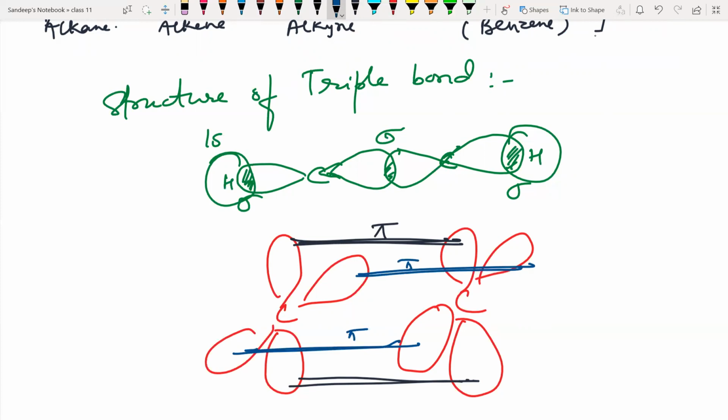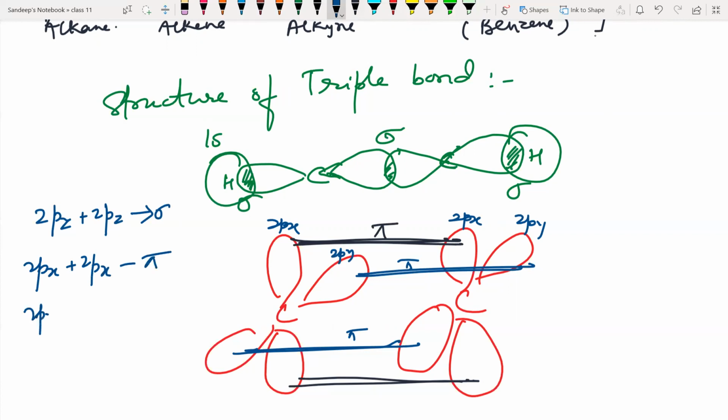So these two pi bonds are formed. This is 2px, this is 2py. So keep in mind that when 2pz overlaps, a sigma bond is formed, but 2px overlap will give you a pi bond, and 2py overlap will give you a pi bond. So keep this in mind.